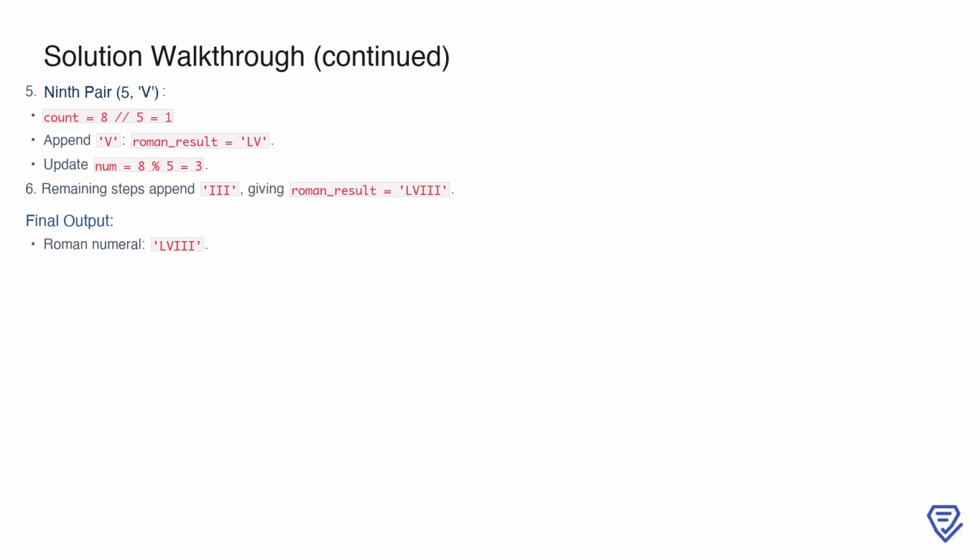The remainder is now 3. For the remaining steps, we process the pair 1, I, repeatedly until the remainder is reduced to 0. In this case, we append I 3 times, which updates roman_result to LVIII. The final Roman numeral for the input 58 is LVIII.